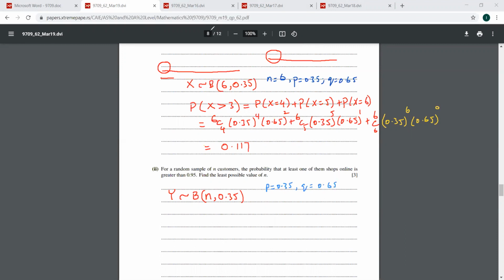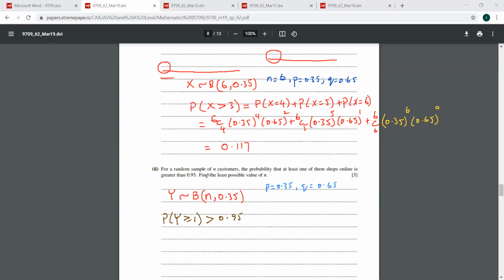And it says the probability that at least one of them shops online. So probability Y is greater than or equal to 1. At least one is greater than 0.95. This is greater than. That is how you will be writing this. The probability that at least one of them shops online is greater than 0.95. Find the least possible value of n.